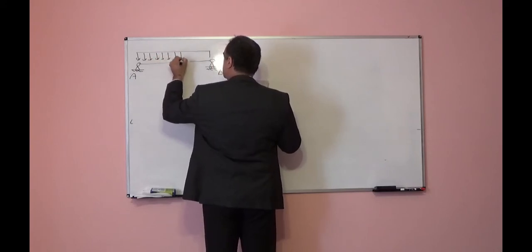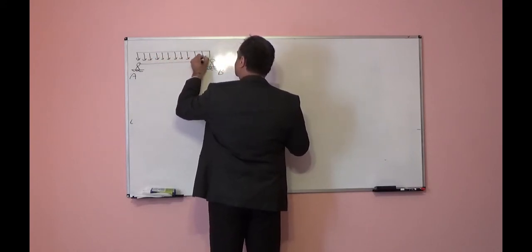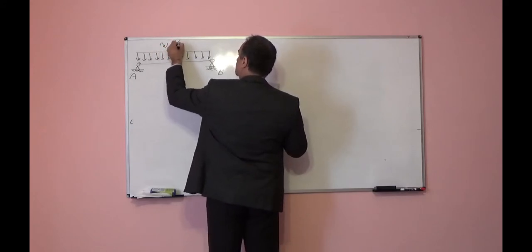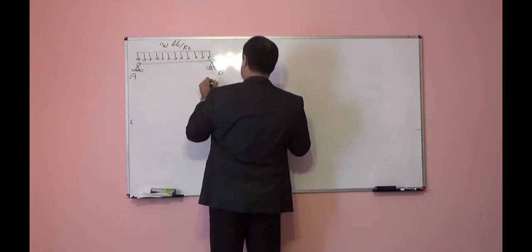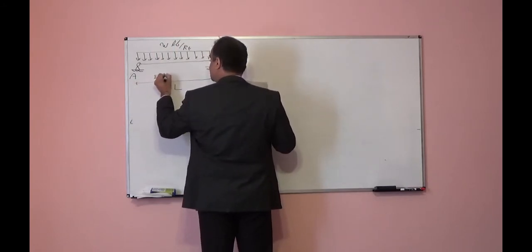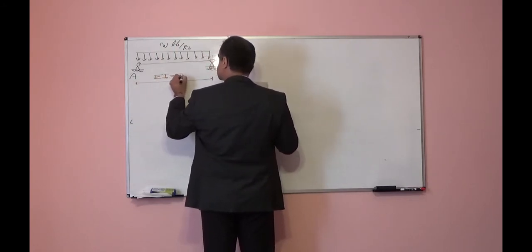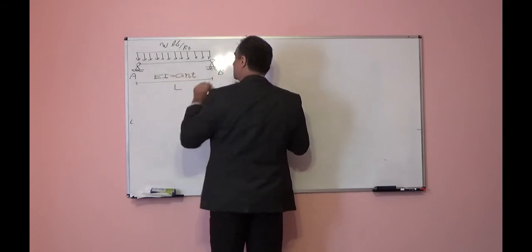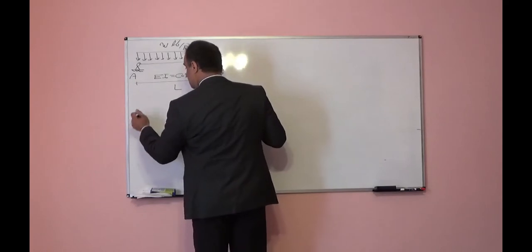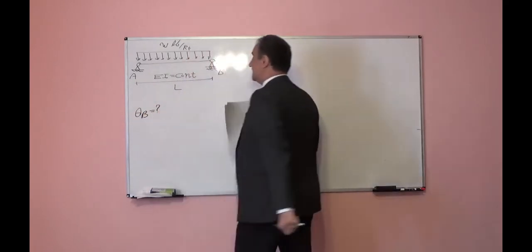The intensity of the load, for example, is lowercase w pound per feet. The length of this beam is L, and again EI is constant. We want to find theta B, the slope at point B after deformation.